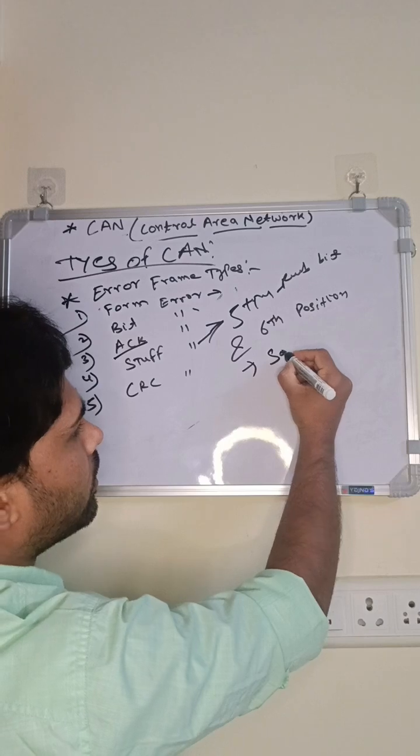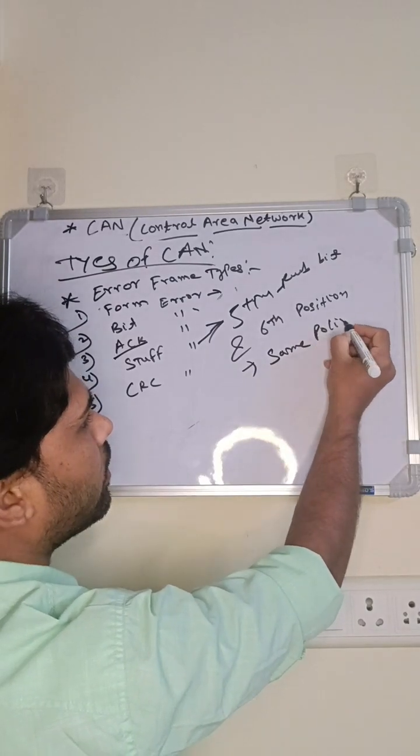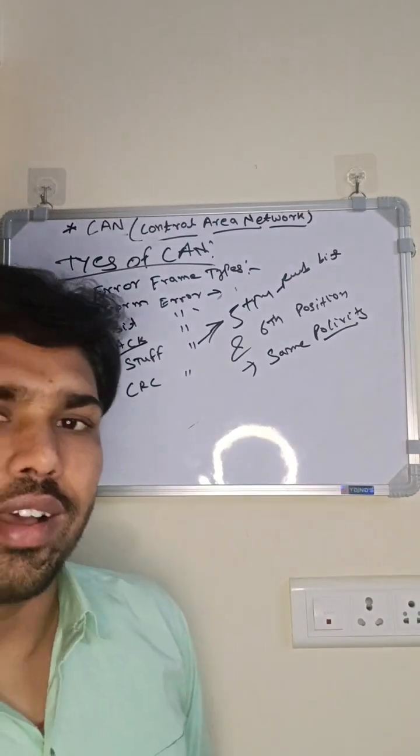Same polarity. That is known as the stuff error.